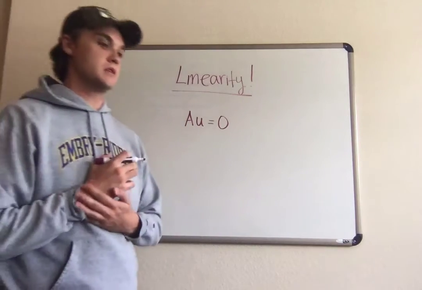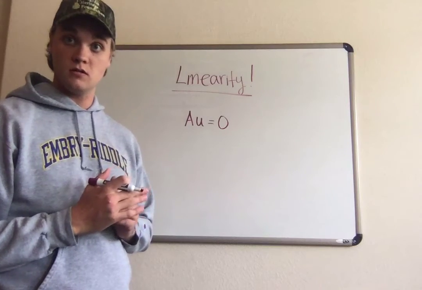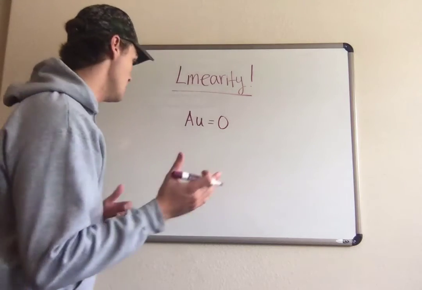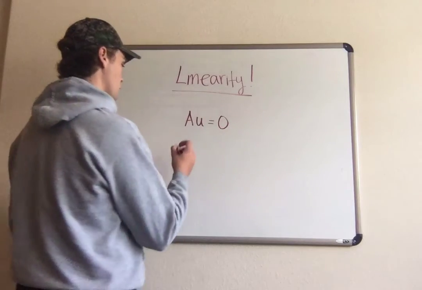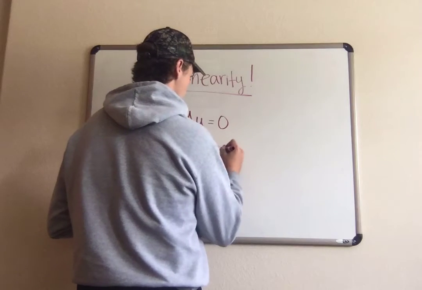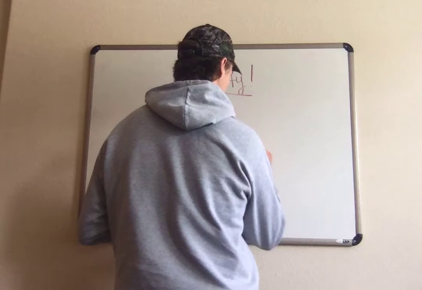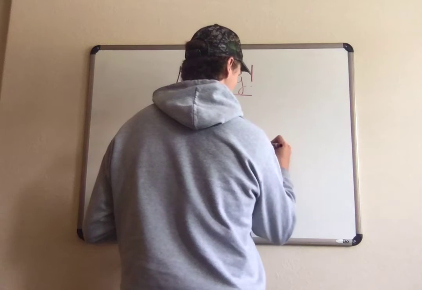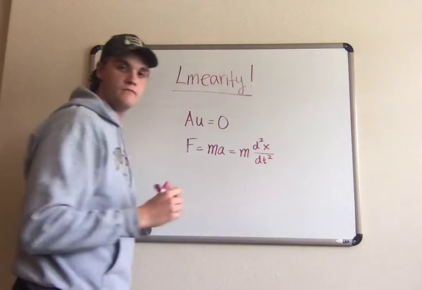Probably one of the more famous examples of this is the simple harmonic motion differential equation, which would be the one that Newton found that described why springs go back and forth. So we'll just derive that real quick. F equals ma, but a we know is the second derivative of x with respect to time, right?